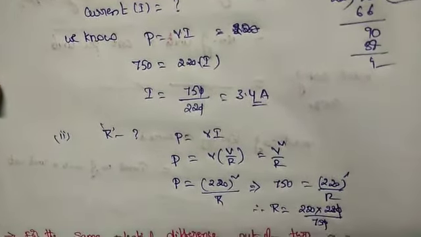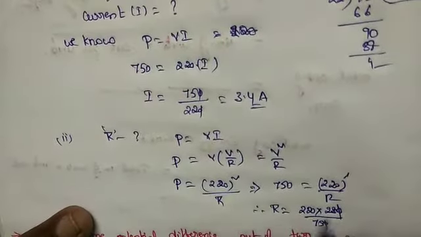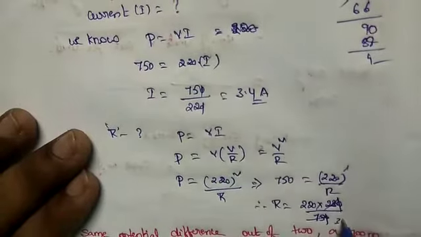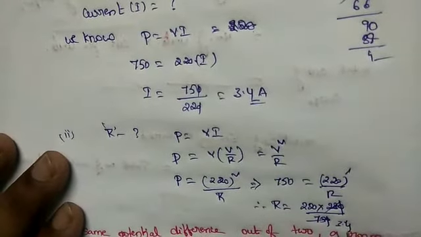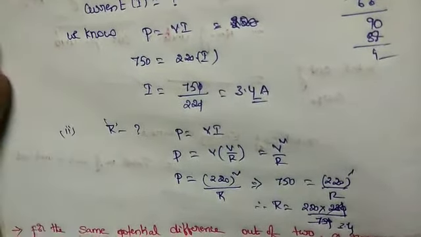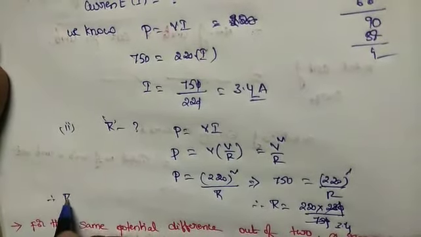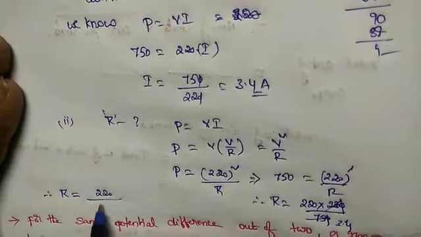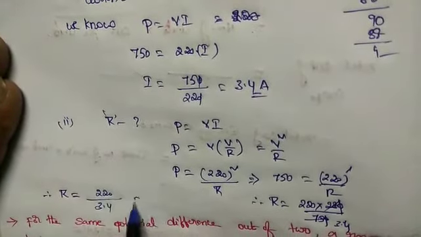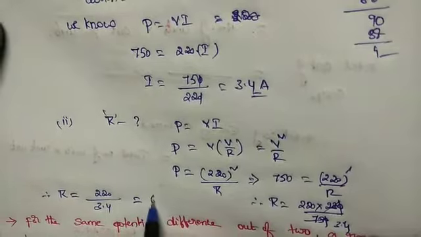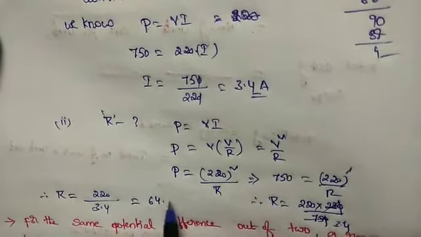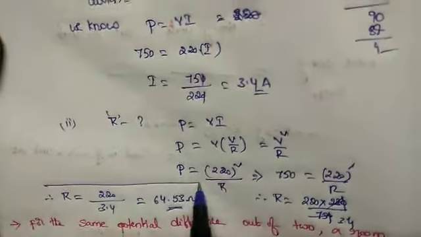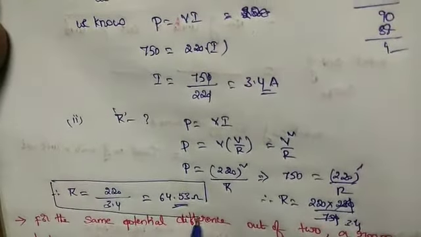The zeros cancel, and 220 divided by 750 is 3.4 inverse, so R is equal to 220 divided by 3.4, which is 64.53 ohms. You have to calculate and correct it, right?